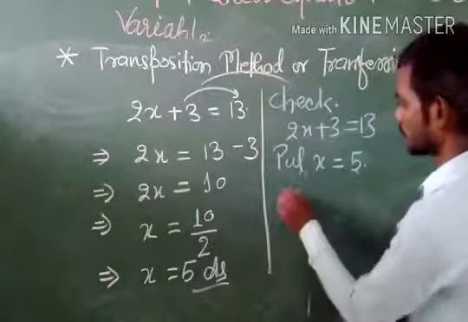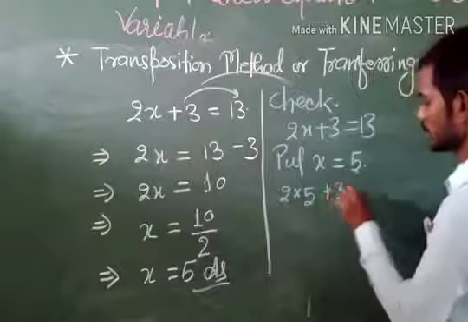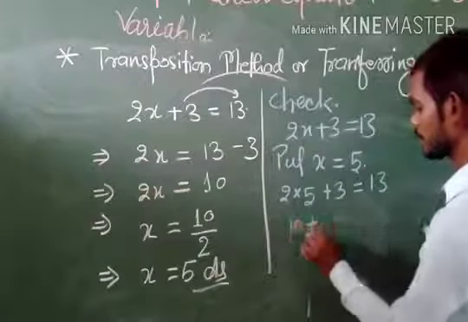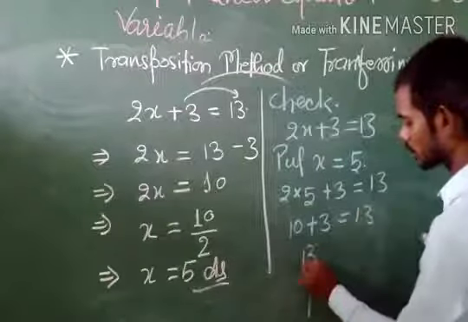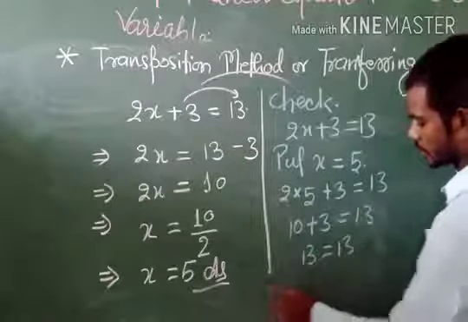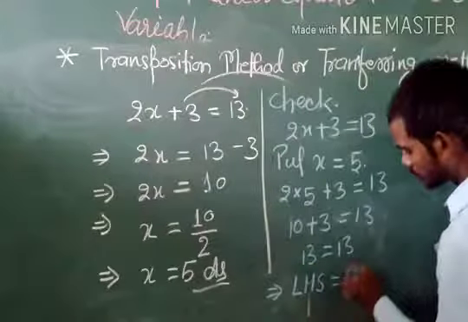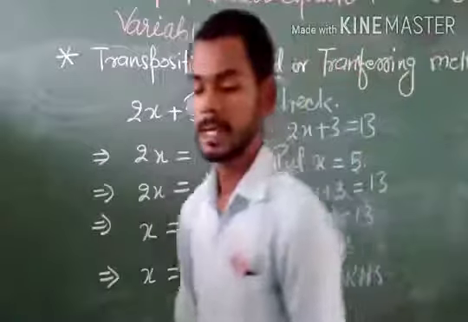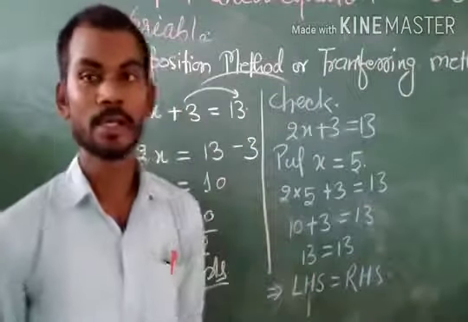So we have 2 multiplied by 5 plus 3 is equal to 13. 10 plus 3 is equal to 13, or 13 is equal to 13. This implies the left hand side is equal to the right hand side. So we can say that the solution of our equation is true.